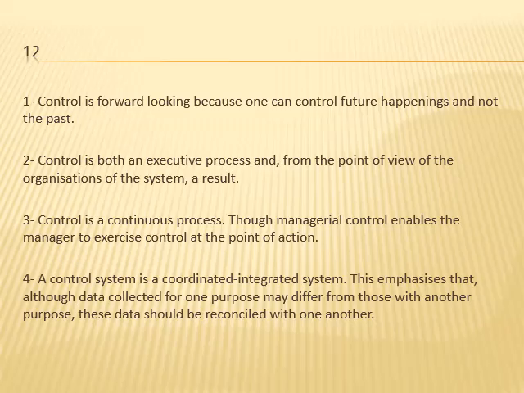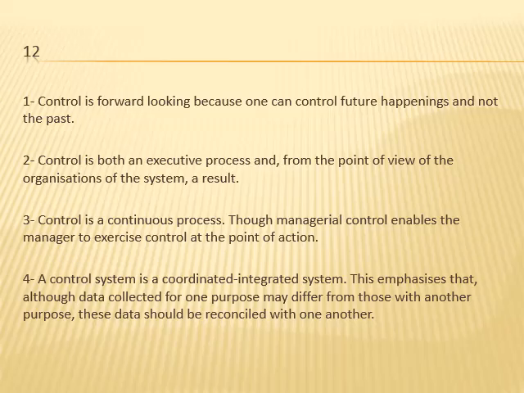Number 4. A control system is a coordinated, integrated system. This emphasizes that although data collected for one purpose may be different from those with another purpose, this data should be reconciled with one another.